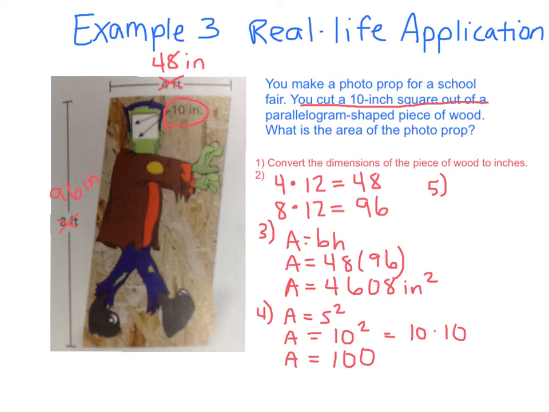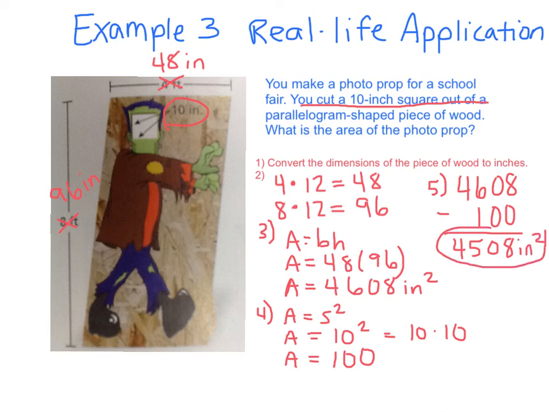That is all I'm doing, is taking the area of the parallelogram, which is 4,608 inches squared, and I'm subtracting the area of the cutout, the 10-inch square cutout. So if I just subtract that, I should come up with 4,508, and it should be inches squared.